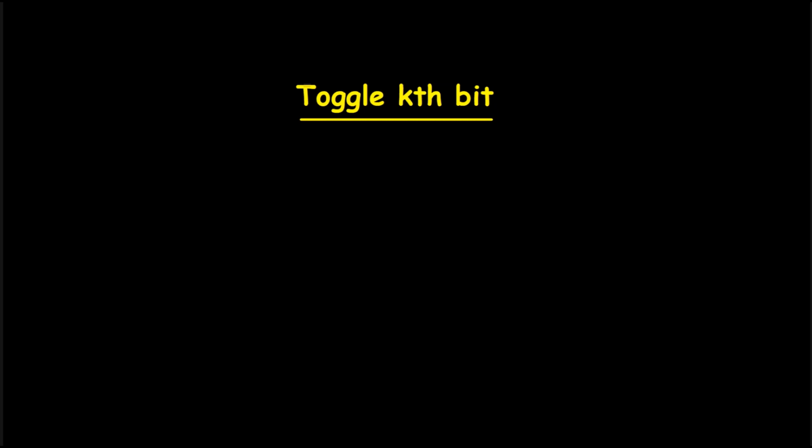So let's get started. Here I will take an example, 10101, and here k is equal to 3, that means it starts from the right: 1, 2, 3. So I need to toggle this one.